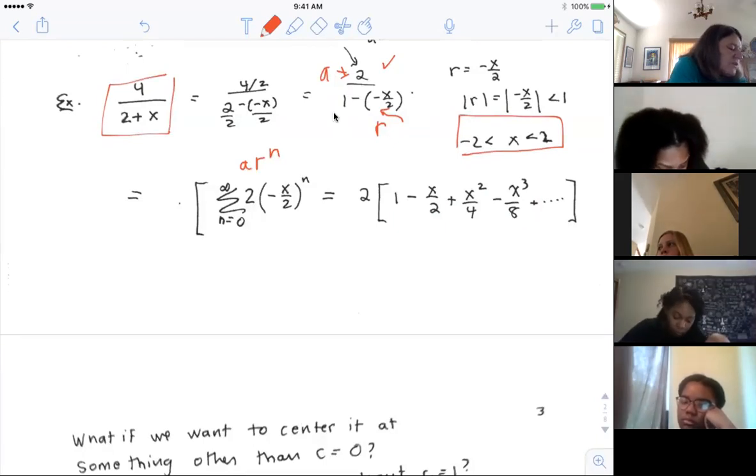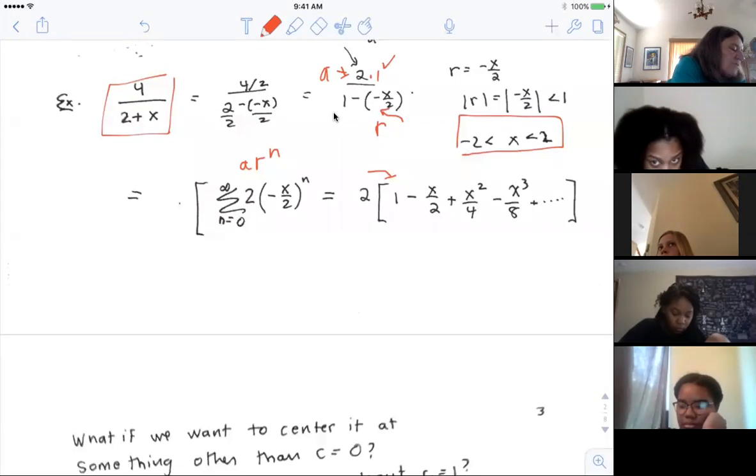What you'll see if you look at the terms is the first one will be that thing to the 0, so that first term will be 2. You can pull the 2 out and write this as 2 times 1 over that and put the 2 in front. But then you'll get this. If you multiply by minus x over 2, you'll get x squared over 4. Then you'll get minus x cubed over 8, and so on.